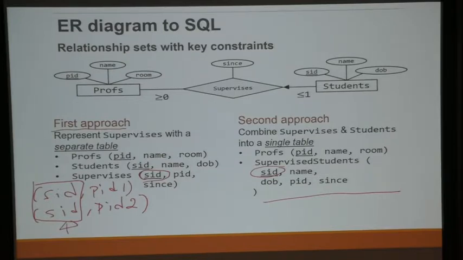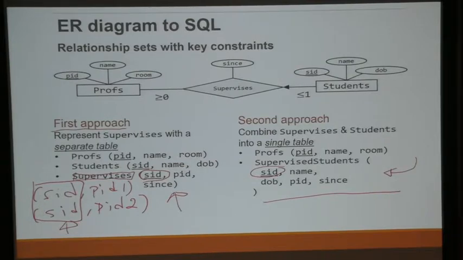But let's ask a different question now. Can we have a student without a supervisor? In this case, it is simple. You just do not need to put it inside this table at all. If the entry does not appear in the supervisors table, that means that student is not being supervised. But here, every student must appear in the supervised students table. You cannot have a student that does not appear here.